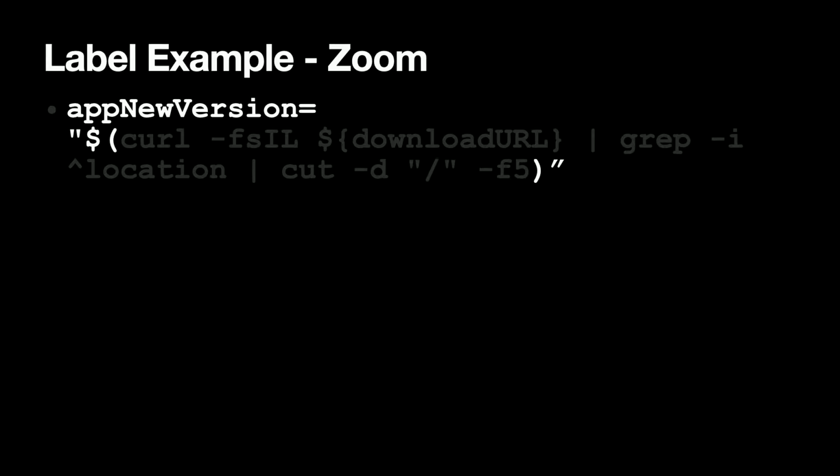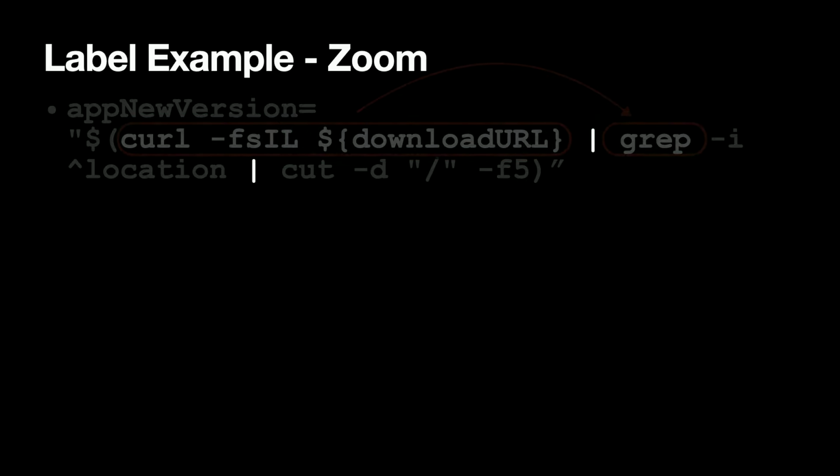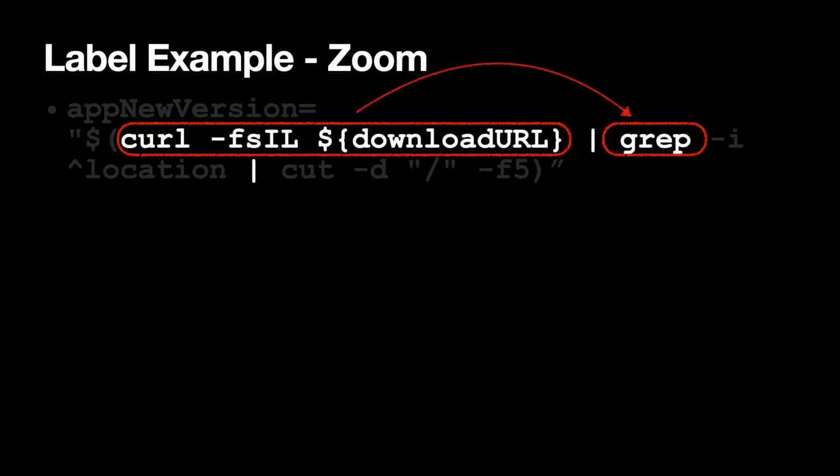In shell scripting, if you have a variable equals, and then you see the $ parentheses, that means that variable is going to be set to the final output of whatever command comes between those parentheses. In this case, we're also using what are called pipes. A pipe takes the output of one command and passes it to the next one in the chain.